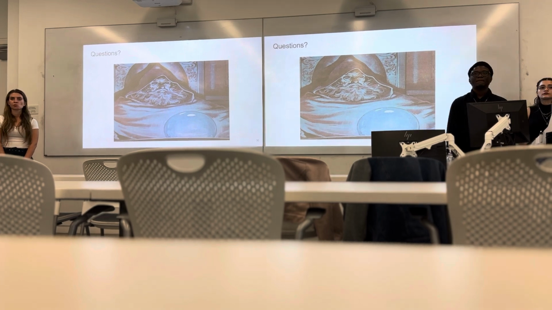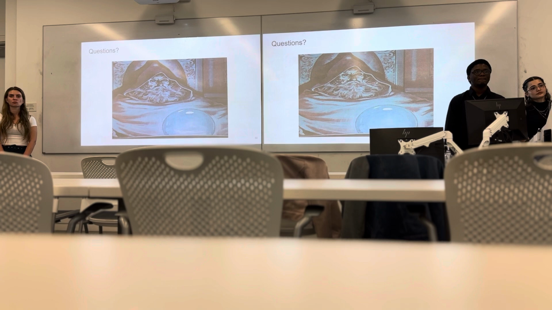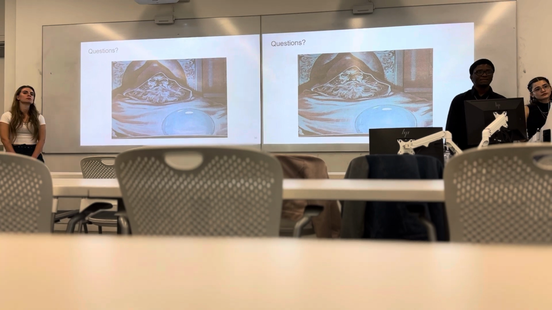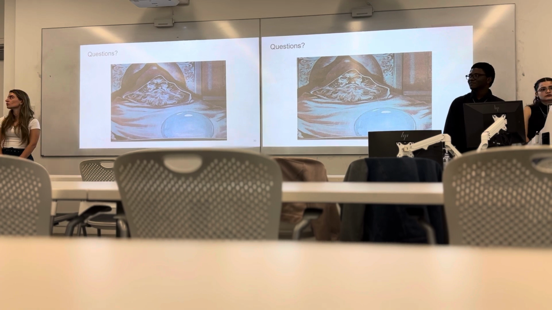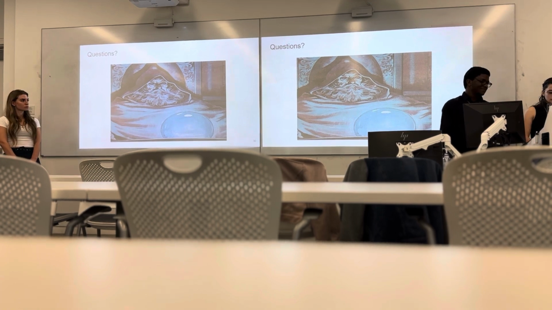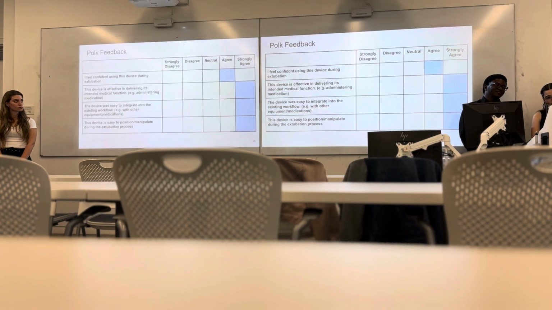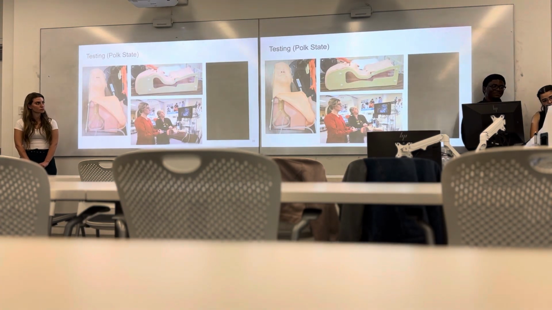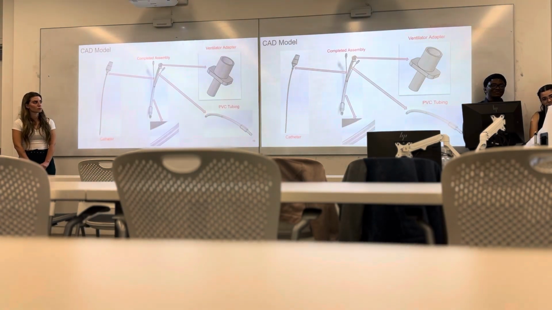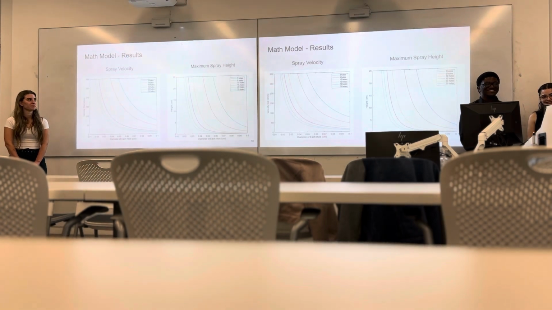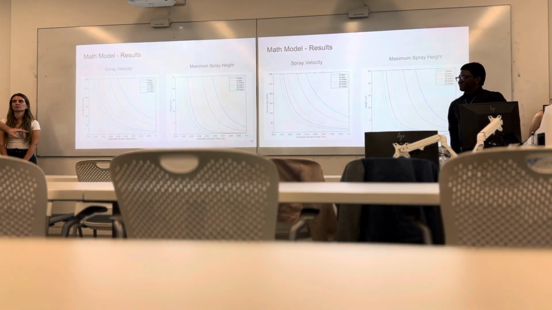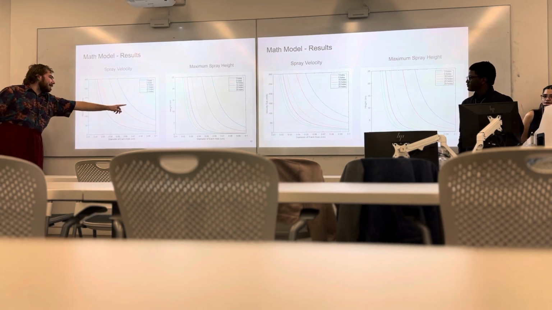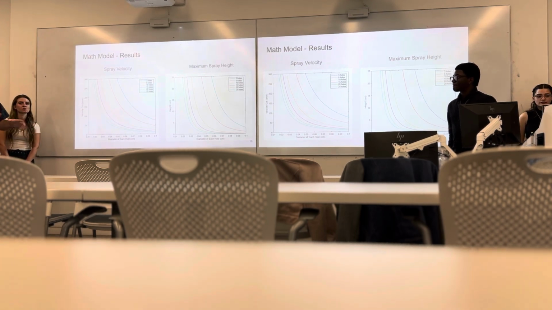Joe, got anything? Yeah, again, how did you determine the optimal number of holes being 5? Exactly how did you decide that it was 5? Can you go back to the graphs? We wanted it to be in this region, and it would have been helpful to put a shaded region there to show you.